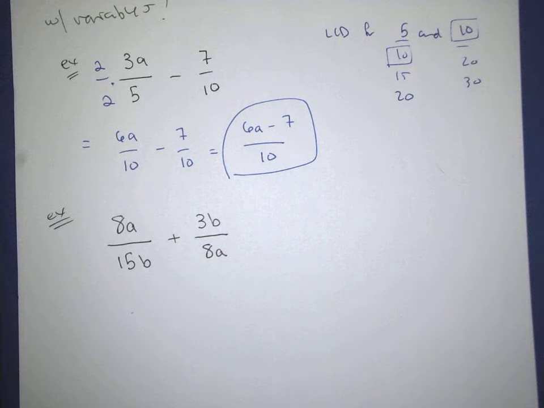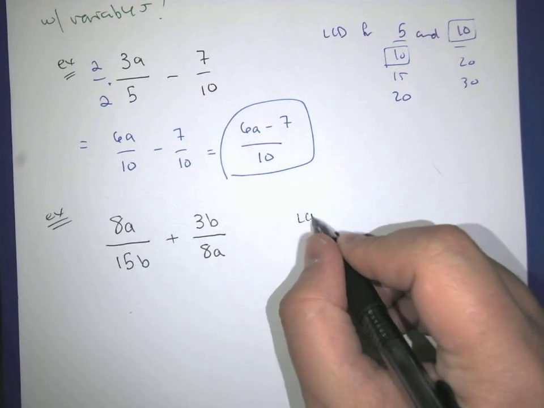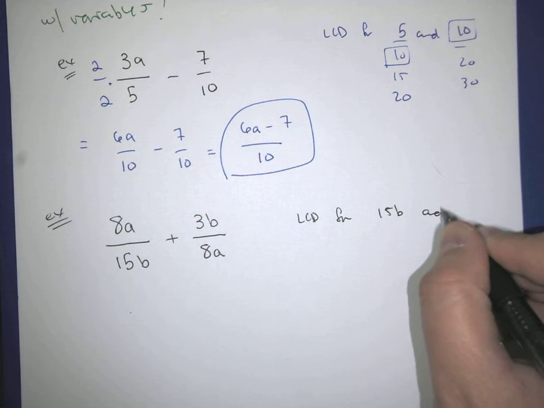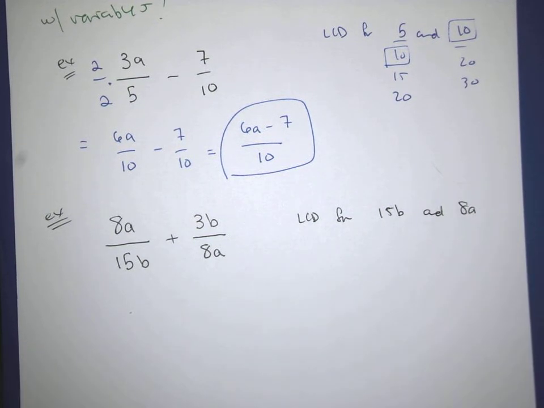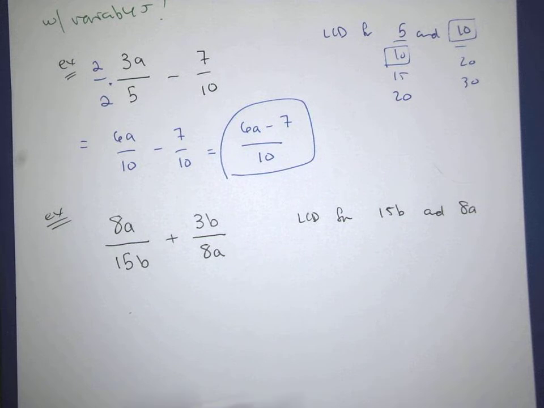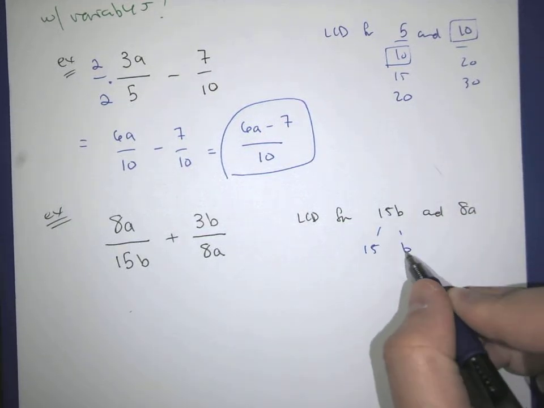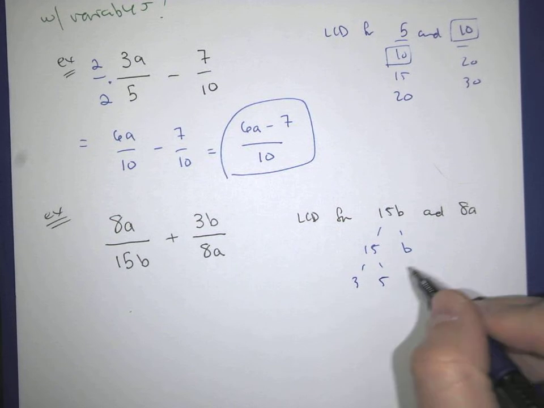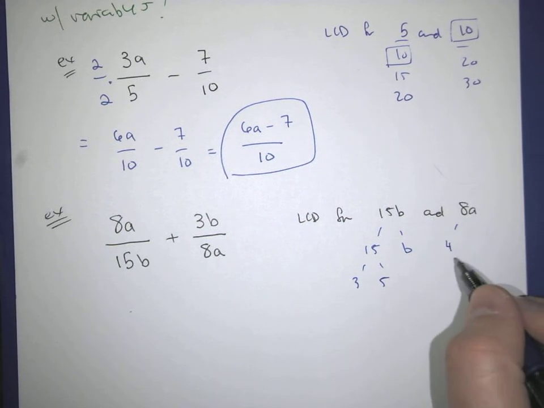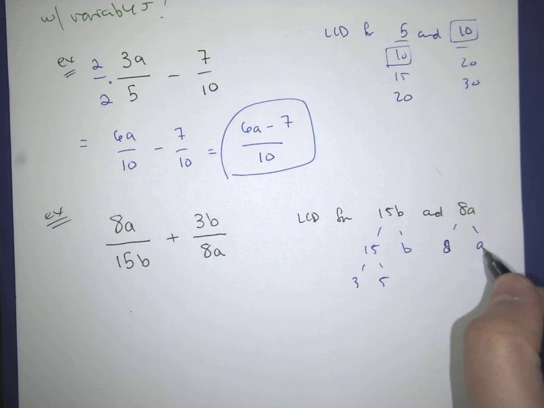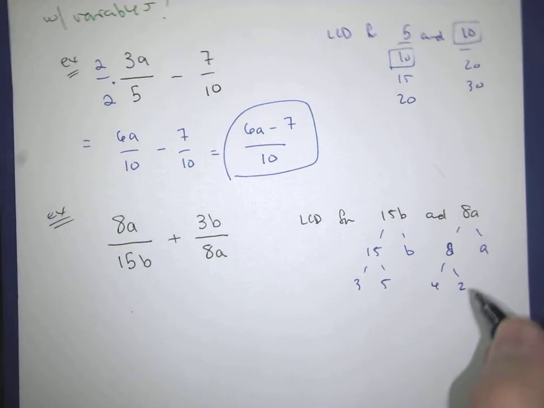For our LCD, 15b and 8a, we're going to need a b and an a. We're going to need really a 15 and an 8. There's not going to be any overlap. If we do the breakdowns here, we'll do 8 and a, and then that's going to be 4 and 2.